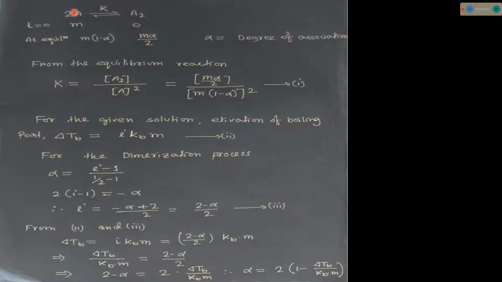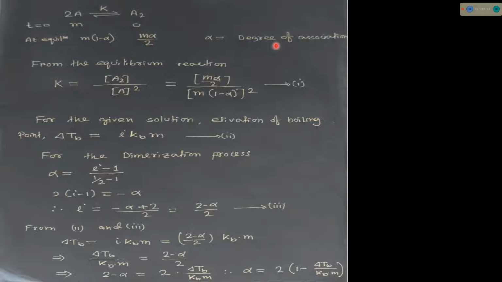So now, 2A, 2 moles of solute A, dimerizes to A2. At time t equals 0, only A is present, there is no dimerization, so A2 is 0. At equilibrium, if alpha is the degree of association, A becomes m into 1 minus alpha, so m minus m alpha.